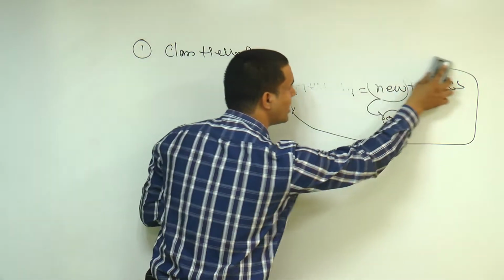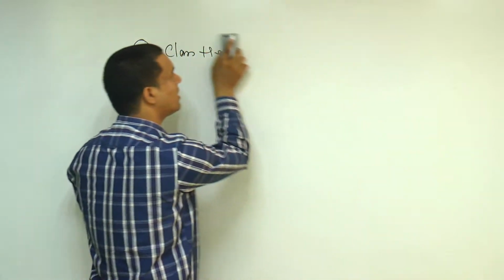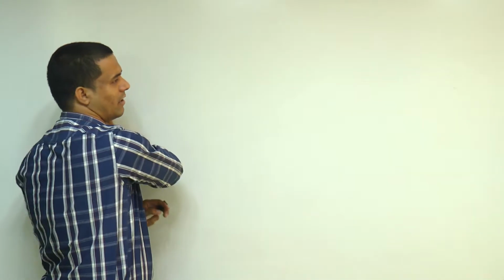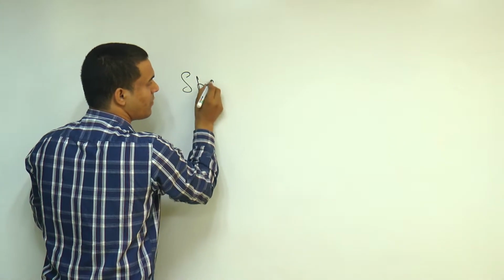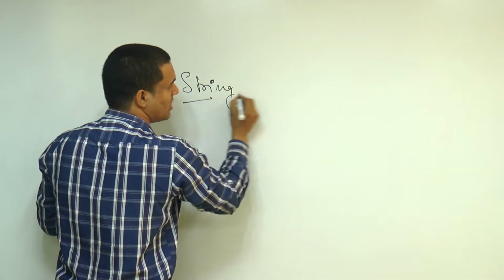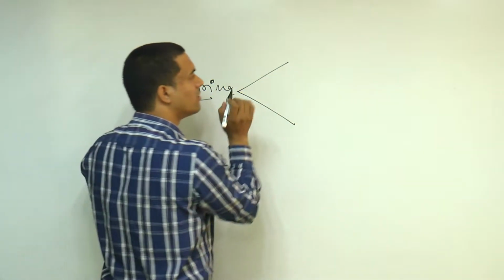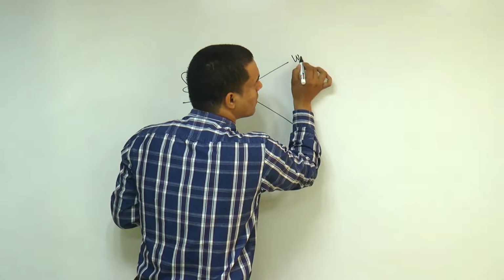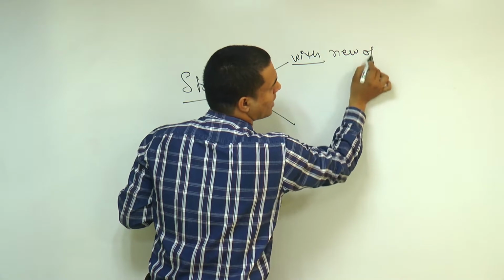In the case of the string class, as I told you, it is a special class, so a string object can be created in two different manners. What are those two manners? The object of a string class can be created, one, with the new operator.